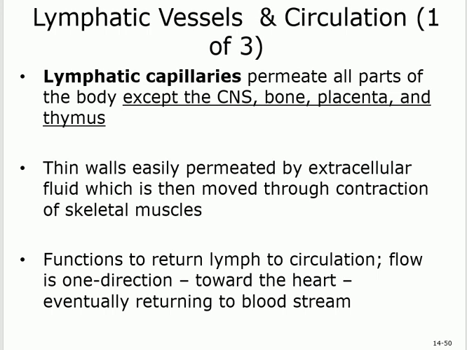The wall is thin and it is pocket shaped, and because the wall is thin, it allows extracellular fluid to move. And skeletal muscles, when they contract, push it up, just like the veins, if you still remember. So do the lymphatics have valves?